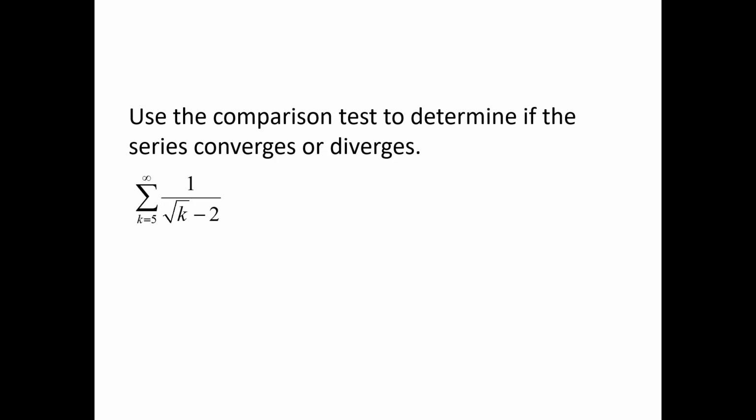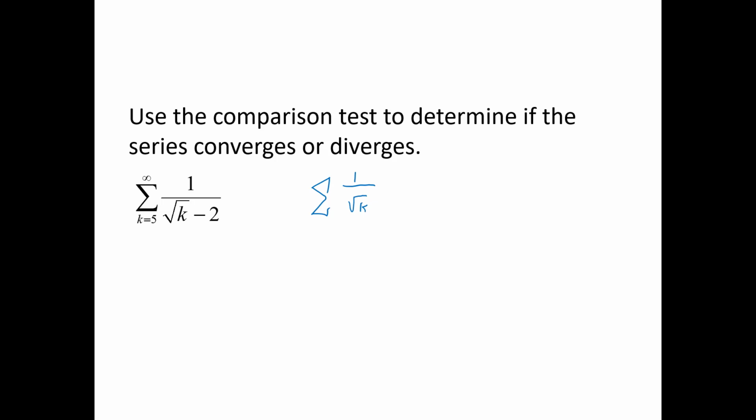Well, the numerator is only 1, so there's not a whole lot that we can do there. And so we're just going to have a 1. But in the denominator, we have that extra 2. And if we just ignore it, this is what you should compare it to. So you have to come up with your own series.